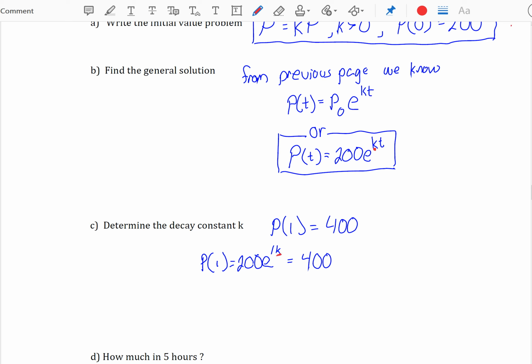So let's solve for k. To solve for k, you'd probably divide both sides by 200 to obtain e to the k equals 2. You would probably apply a natural log to both sides of your equation.